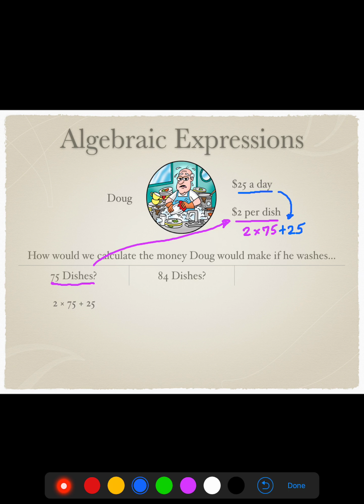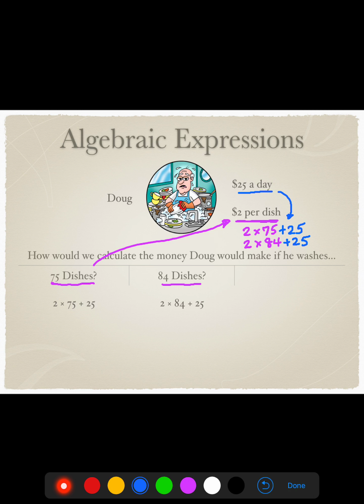Now, the next situation is, how much money would he make if he washed 84 dishes. I'd like you to pause the recording and figure out how you would figure that out. So now I'm going to continue. Same thing. I know there's a connection between the amount of dishes he's washed and the amount he earns per dish. So it's probably going to be the same process. It's going to be $2 per dish multiplied by the number of dishes he washed, which is 84. But we're not finished yet because we still need to consider that he earns $25 a day for doing his job.